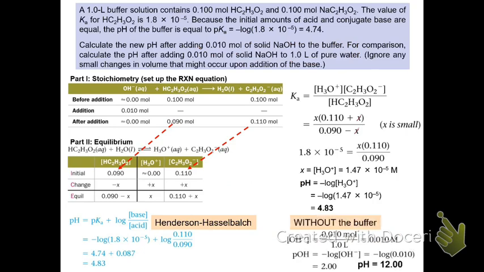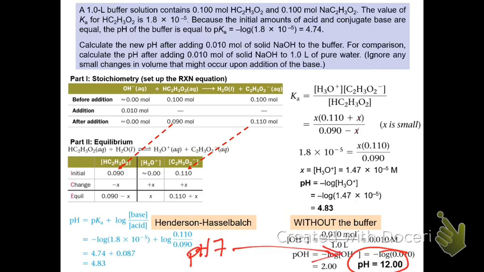So without the buffer, we get a pOH of 2.00, and then subtracting 2 from 14, we get a pH of 12. If you were to compare this, the pH of pure water is 7, so we have pH 7 to pH 12.